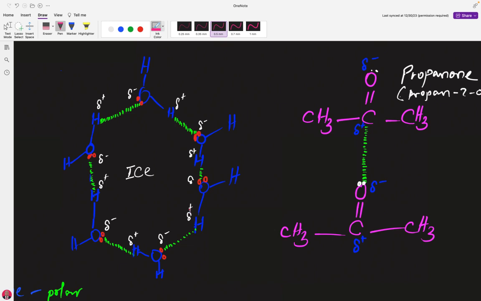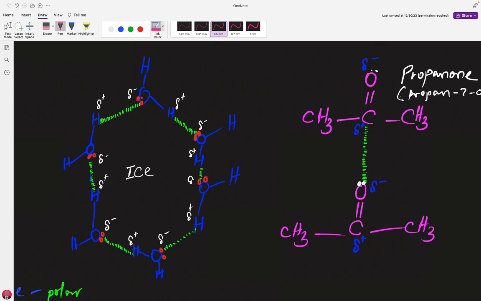There are two types of forces here. The type of forces involved in ice is what? We say ice has relatively weak dipole forces, because the difference in electronegativity, or the dipole moment, is not too high.